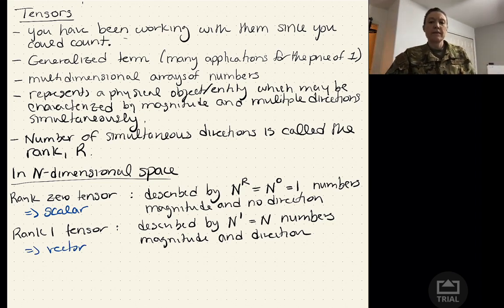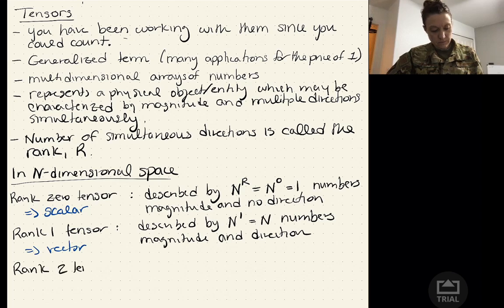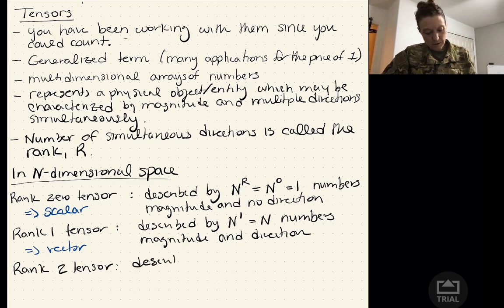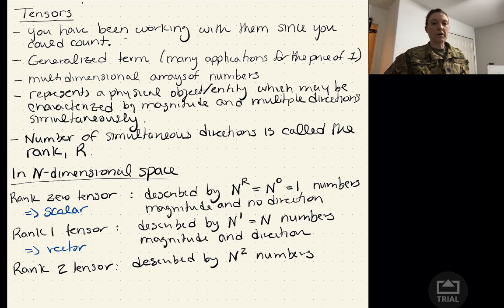Okay? And what about a rank 2 tensor? Okay, so like before, described by n squared numbers. So if we were in, say, 4-dimensional space, it's 4 squared, 16 numbers.